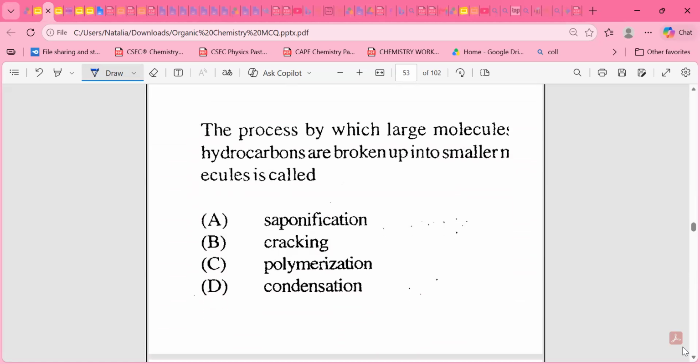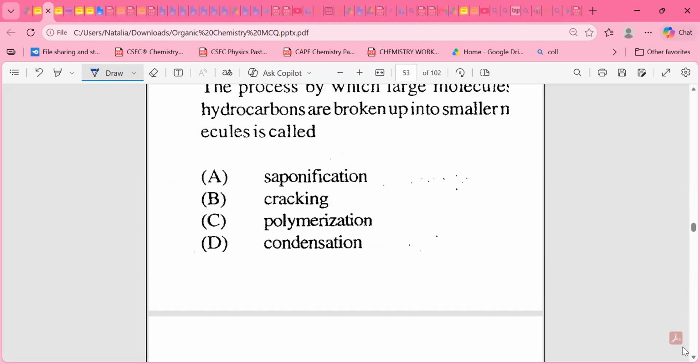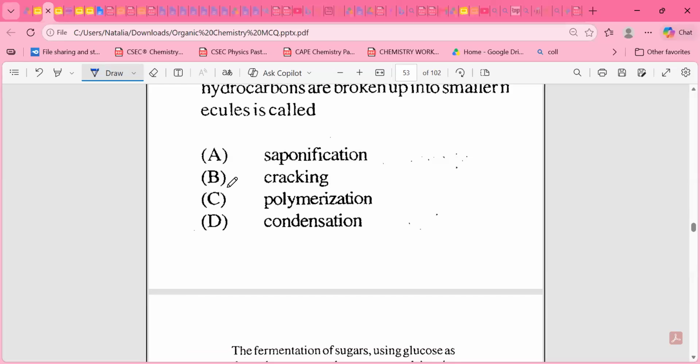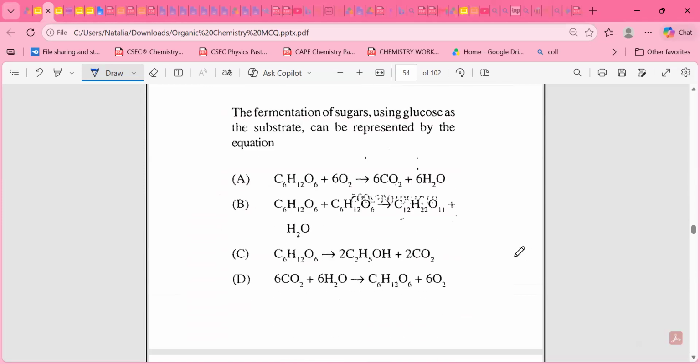The process by which large molecules are broken into smaller molecules is called. B, miss. Fermentation of sugar using glucose as a substrate can be represented by the equation.